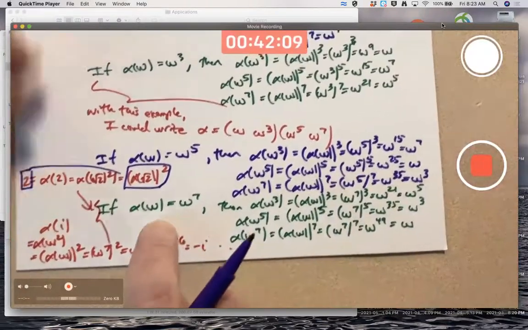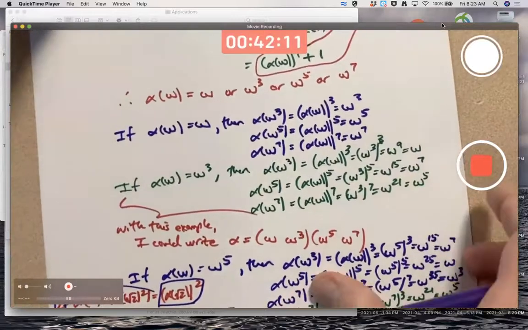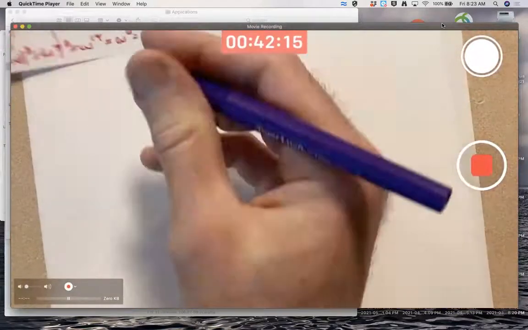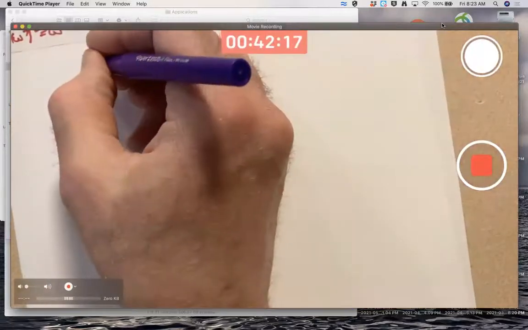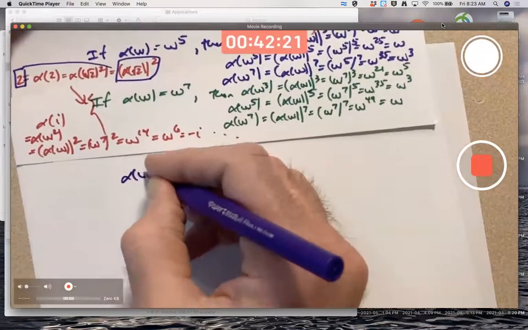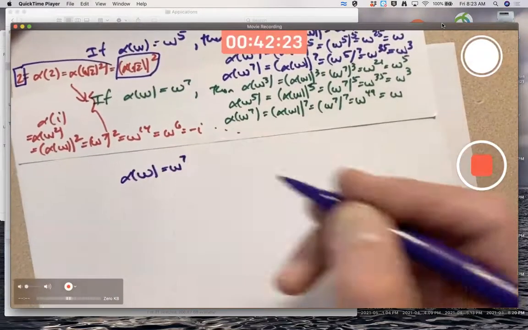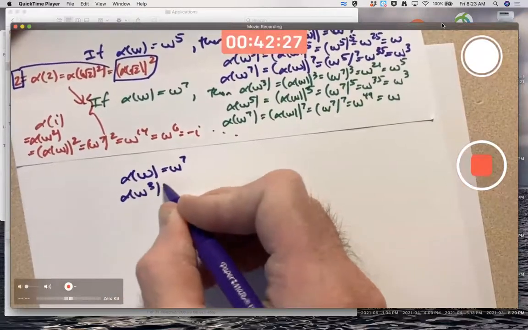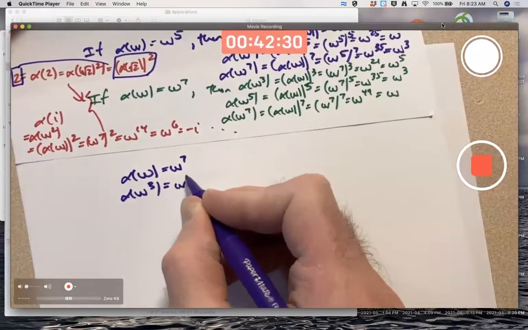Continuing thinking about this particular example, so we're in the case where alpha of omega equals omega to the 7th. Alpha of omega cubed equals, in this example, omega to the 5th.